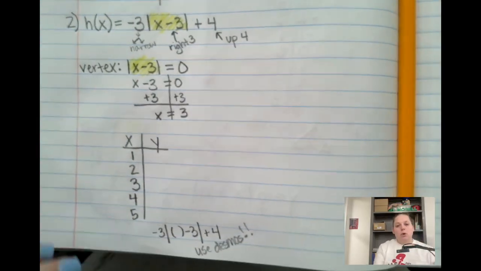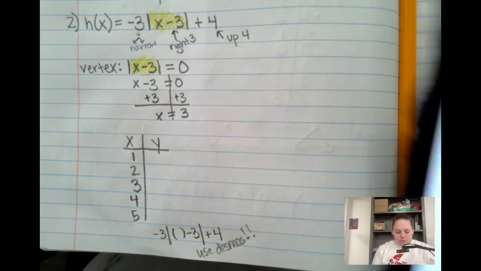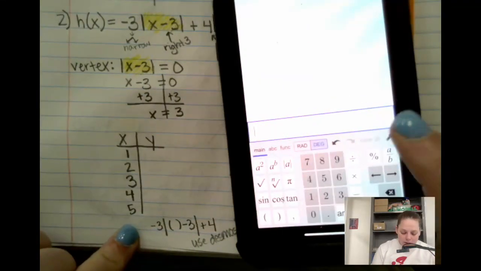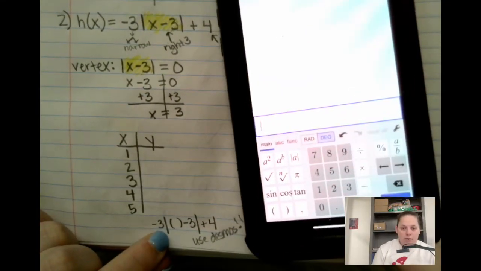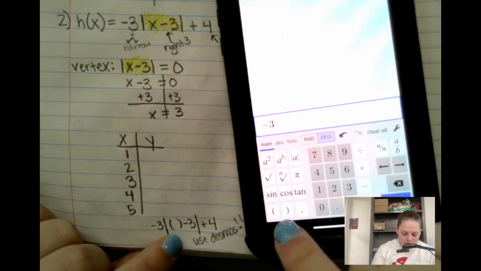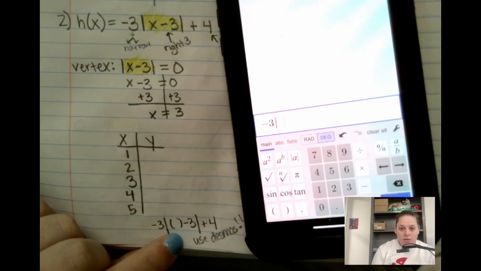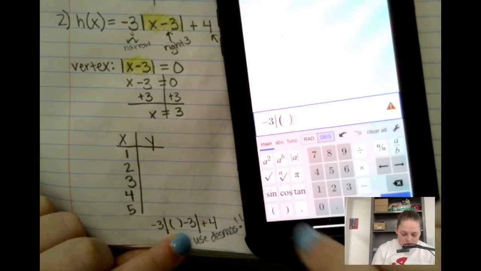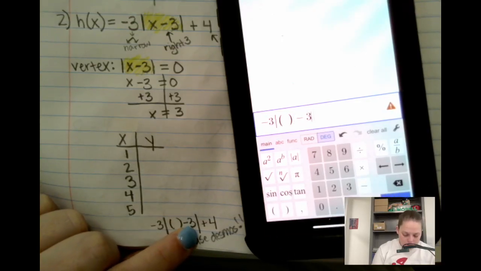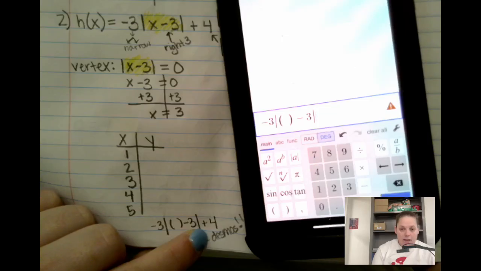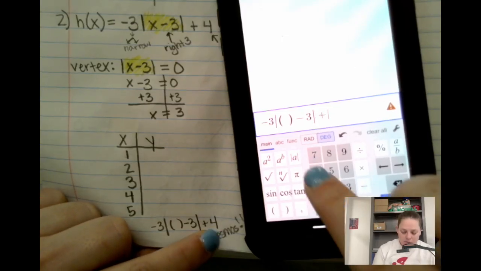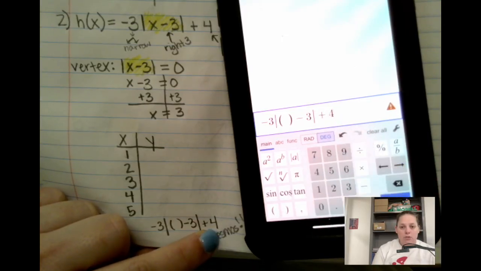There's a lot of functions happening here, so I'm going to type in this part first. -3, absolute value, that's these straight lines. Parentheses, -3, absolute value, plus 4. Plus 4 is on the outside.